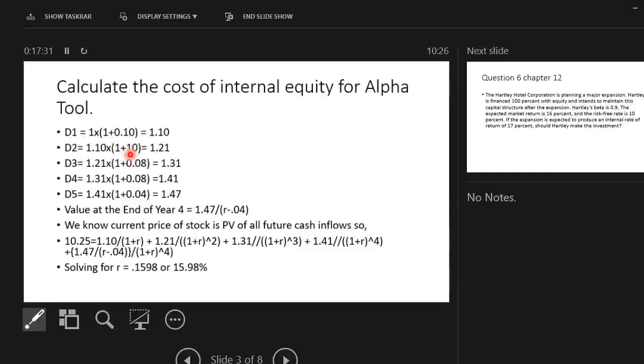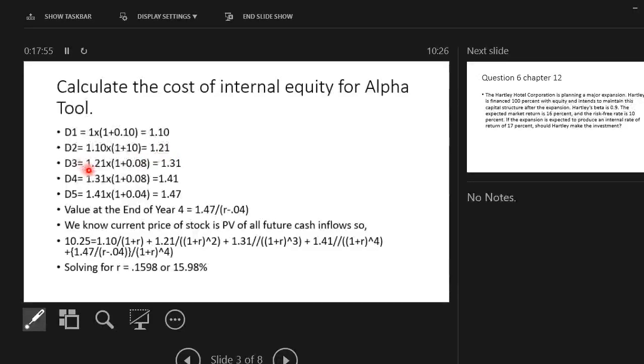Do you see that as well, Tsapiso? Yes, it's supposed to be 1 plus 0.10. I'll make a correction there when I send the slides. So that it will give us 1.21 when you punch it in your calculator.